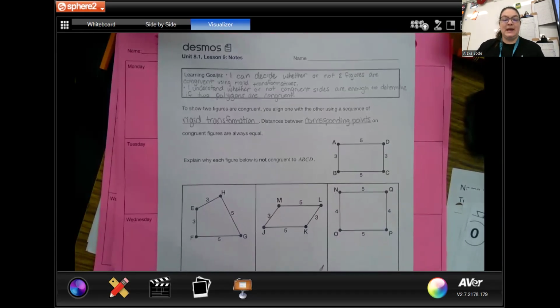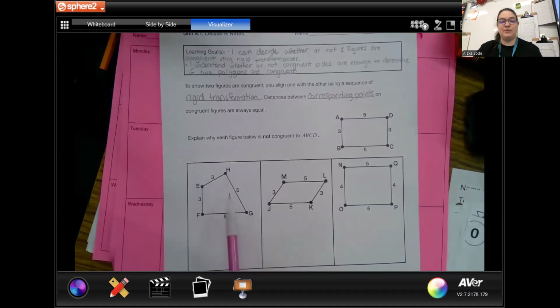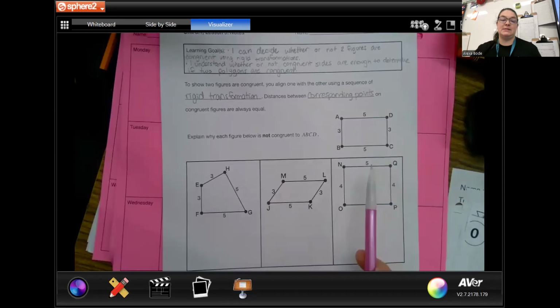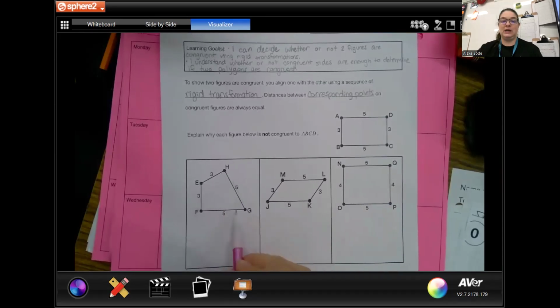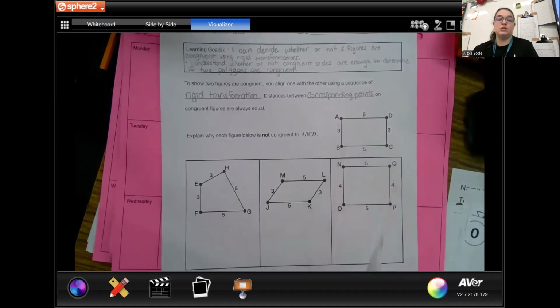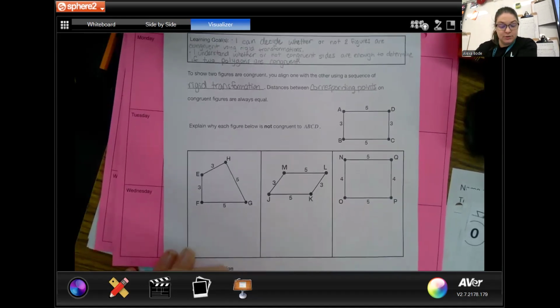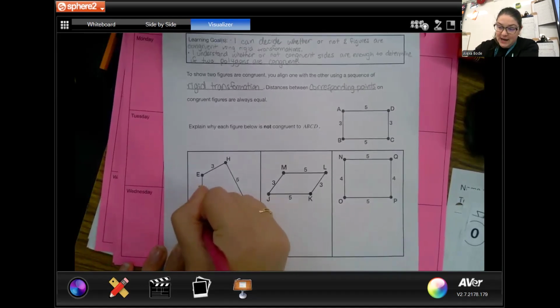So our shape EFGH, we also have sides that are 3 units and sides that are 5 units, but they are not corresponding. So while these ones share angle G, our sides up here that are both 5, they are parallel. So they are not corresponding sides. The reason for Desmos says they have the same side lengths.